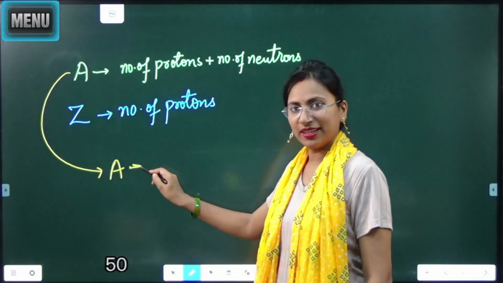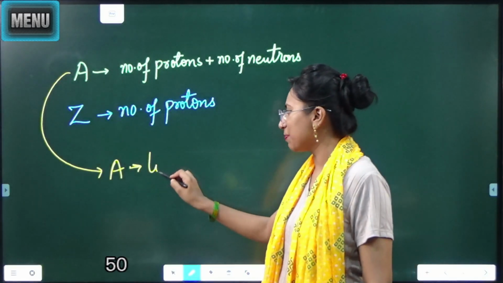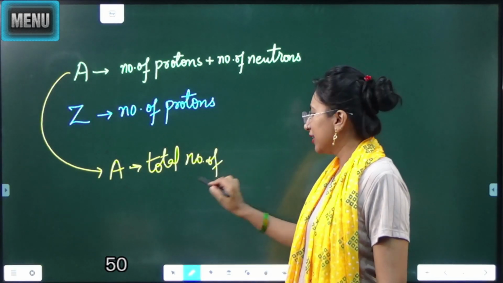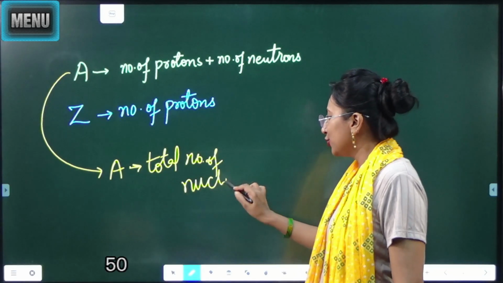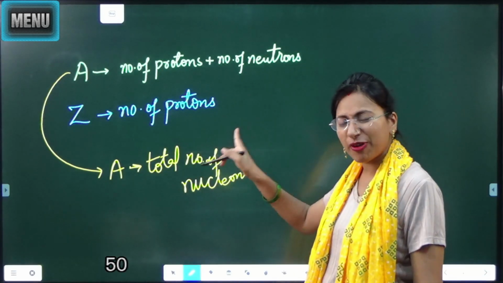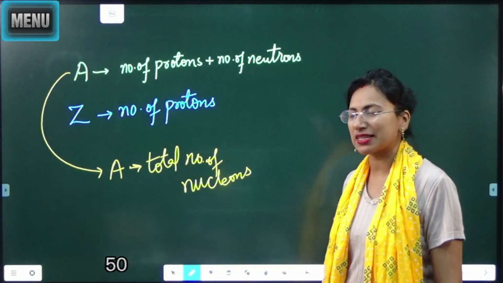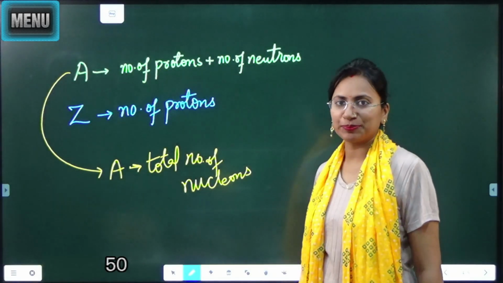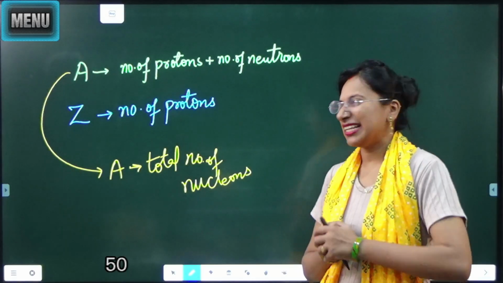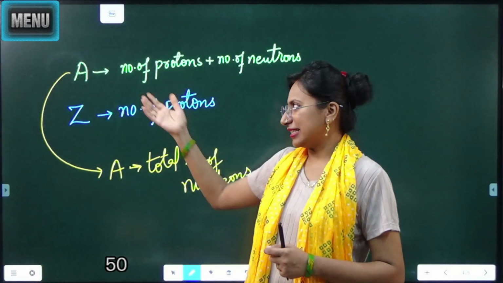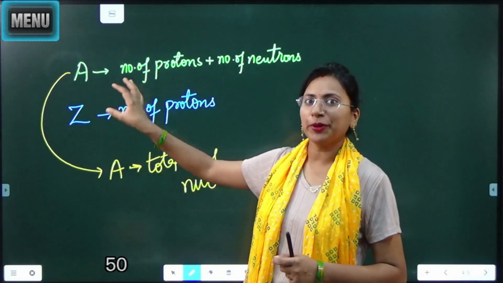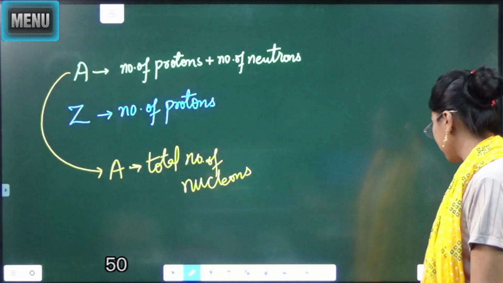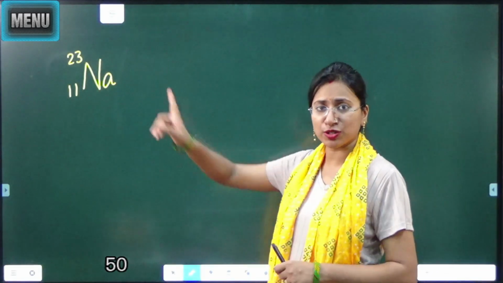A represents the total number of nucleons, and we have to keep this point in mind, nucleons consist of protons and neutrons. Now let us see A and Z in a particular element with an example. Let us take the example of sodium.